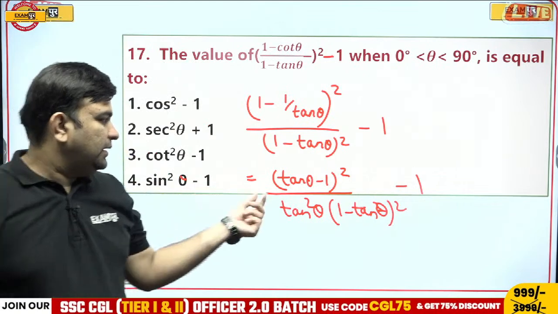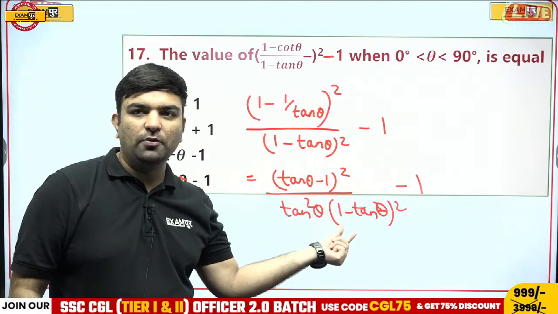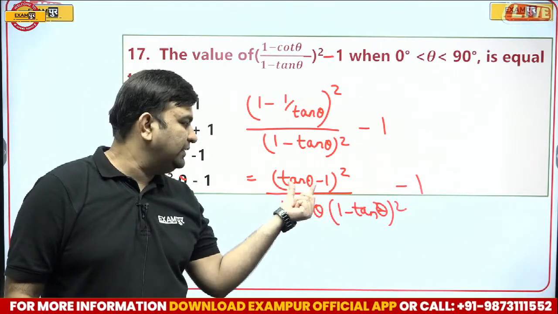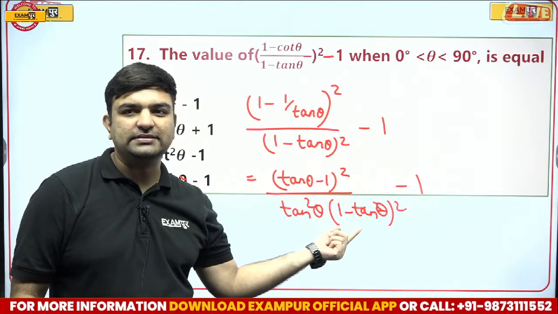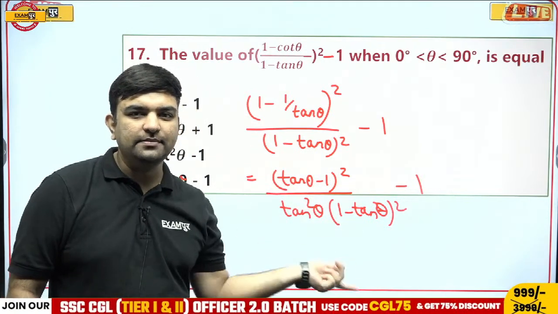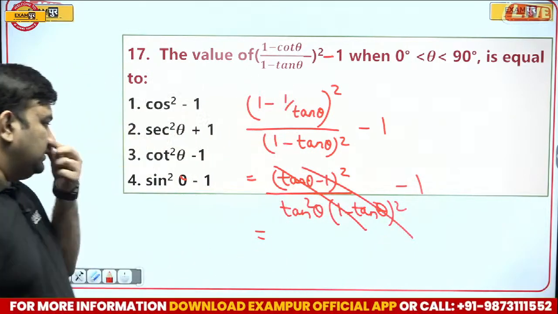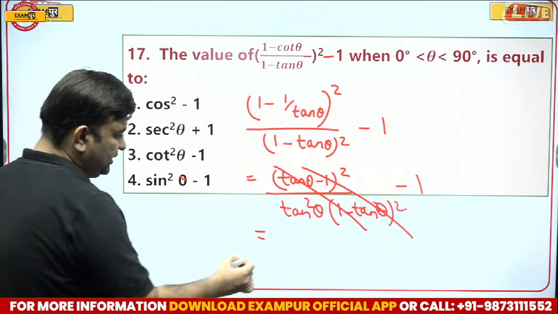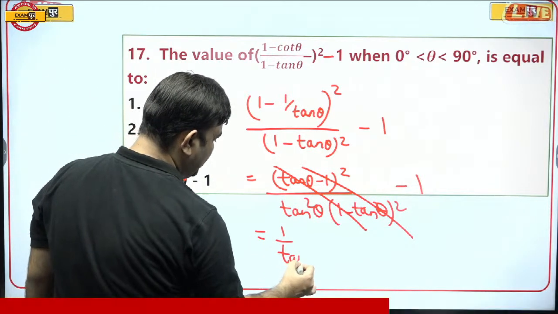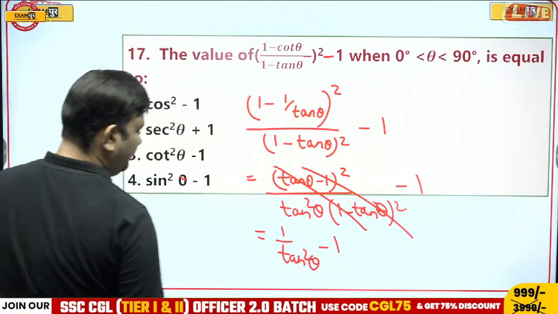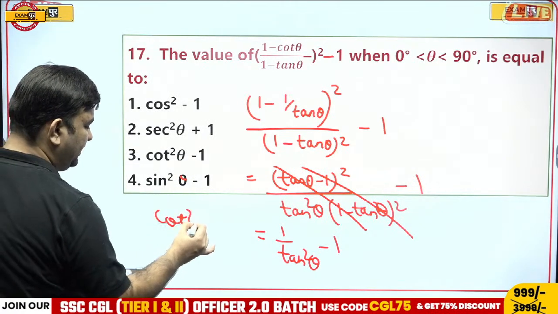Guys, either it's x square or minus x square. They are the same, so they will cancel out each other. So it is 1 upon tan square theta minus 1, and 1 upon tan square theta is cot square theta, minus 1. Answer.